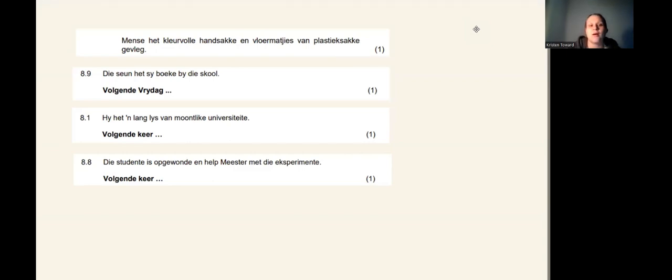Okay, so this instruction would be skryf hierdie sin in die toekomende tyd. So mense het kleurvolle handsakke, mense sal kleurvolle handsakke en vloermandjies van plastiek sakke gevleg hê.